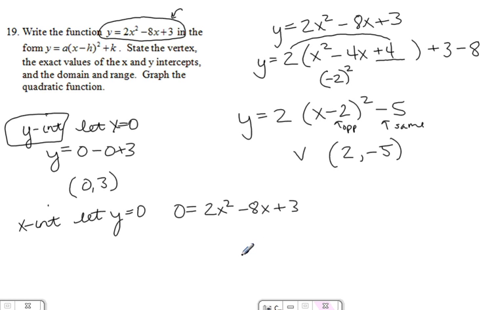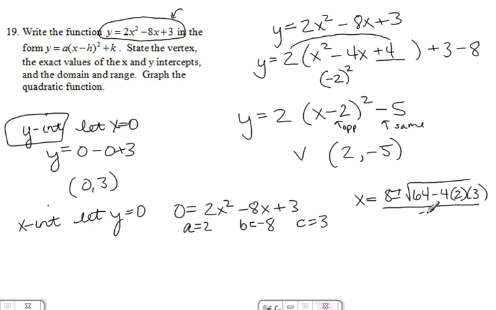And I could actually do it either way, but I think I'm going to use the quadratic formula. So in using the quadratic formula, a would be 2, b would be negative 8, c would be 3. So to find the x-intercept, that would be 8 plus or minus the square root of b squared minus 4 times a times c all over 2a.